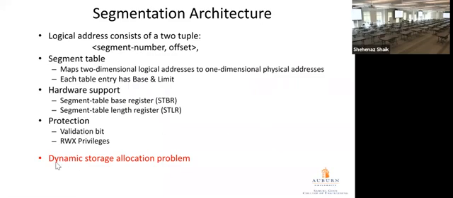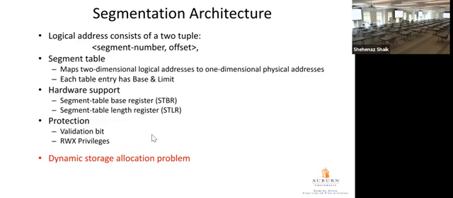And we should also be able to set some additional privileges such as read, write, execute, so that we can allow sharing of data to some extent among multiple processes. Okay. So these are some concepts that we need to know with respect to segmentation.